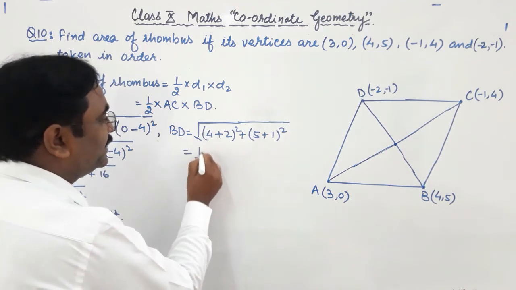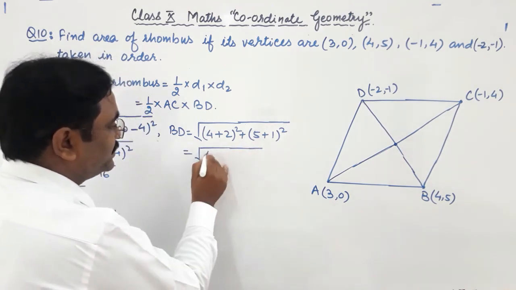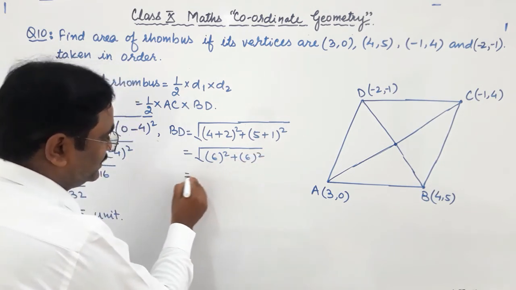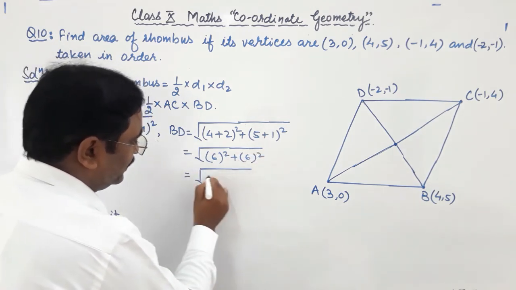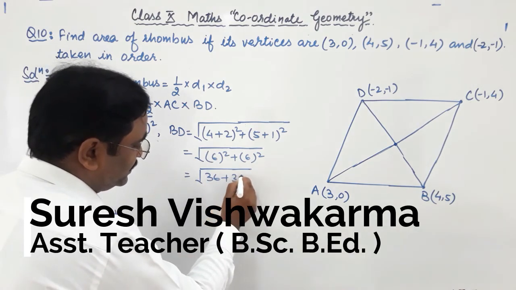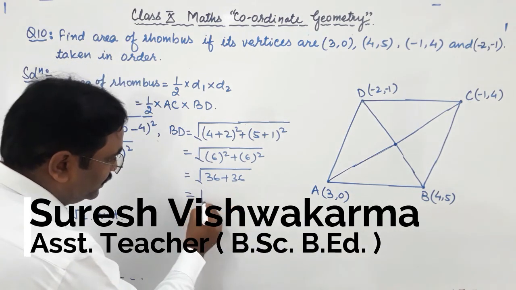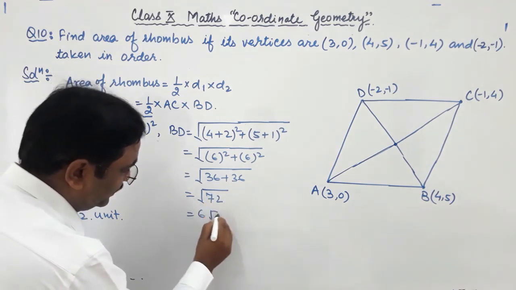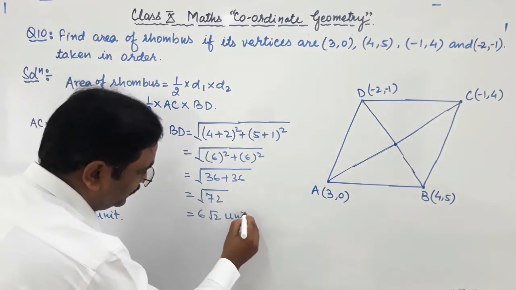So it can be written as 6 square plus 6 square, that is 36 plus 36, equal to under root 72, that is 6 under root 2 unit.